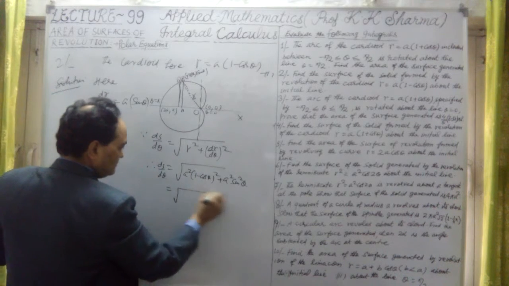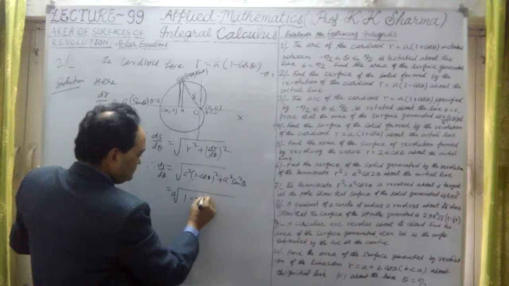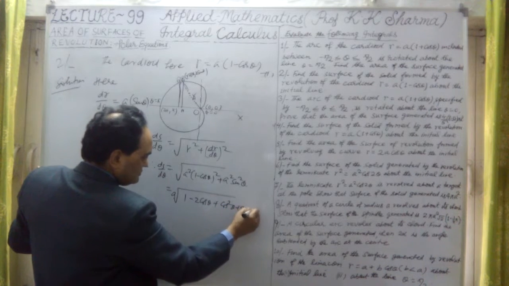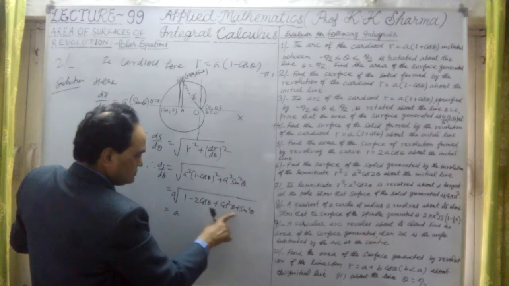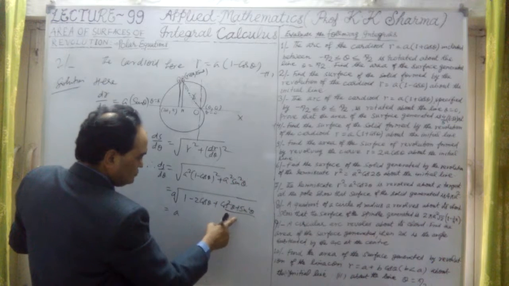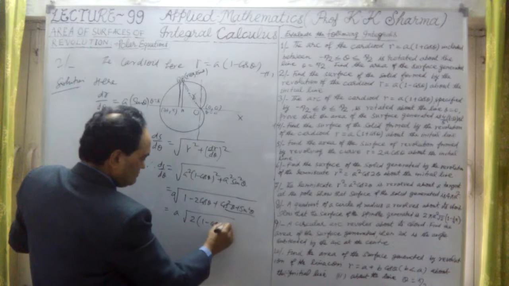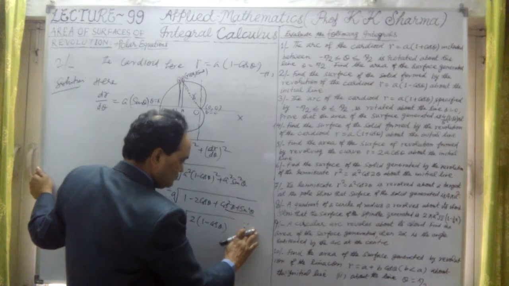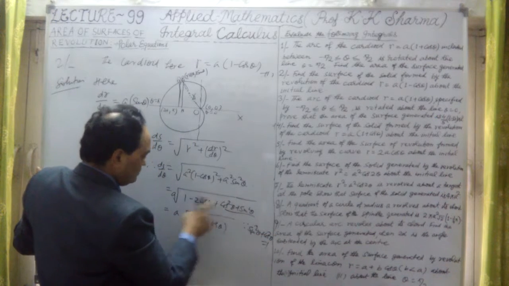It will give us again, here I have taken a outside from both, 1 minus 2 cos theta plus cos square theta plus sin square theta. Again this is a into, since sin square theta plus cos square theta is 1, we substitute 1 here, and 1 plus 1 is 2.